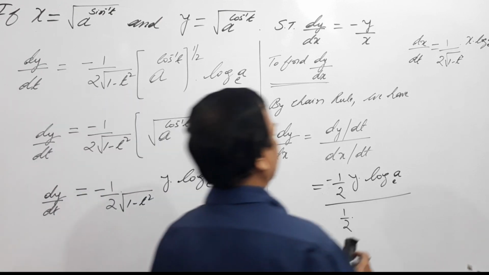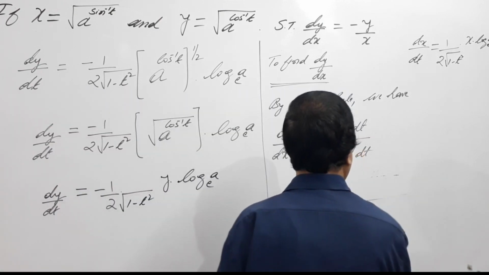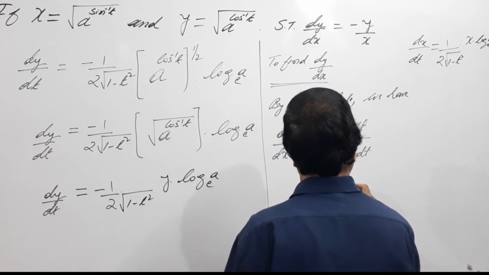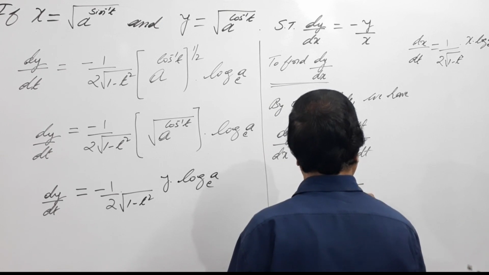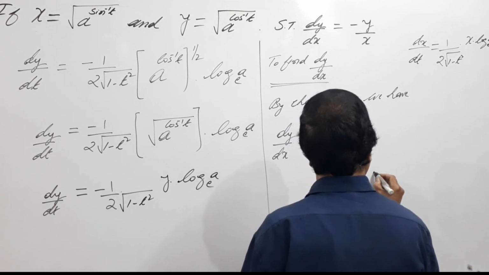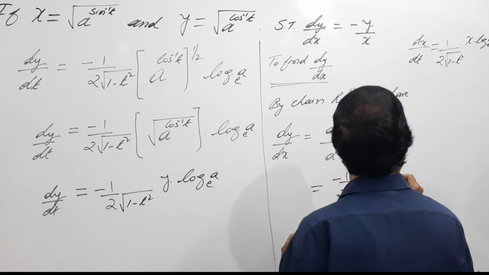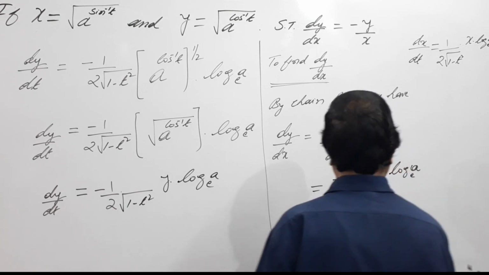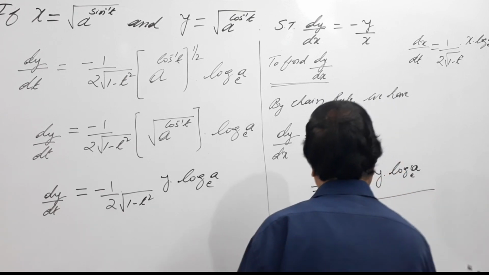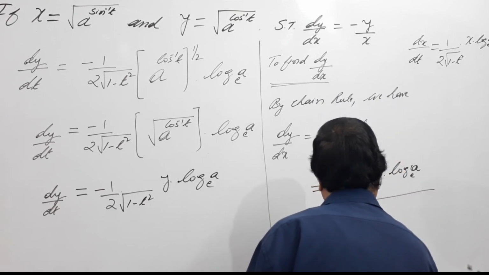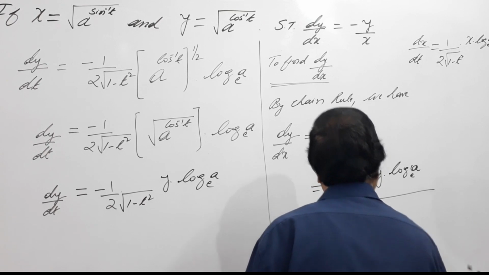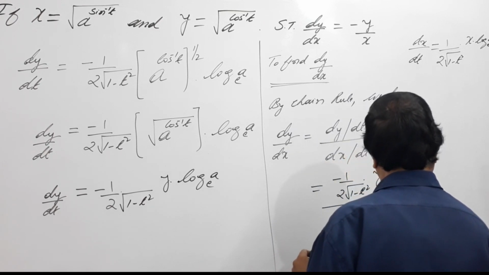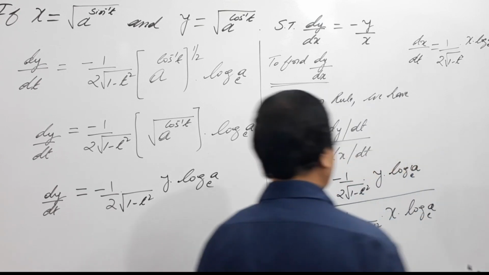So here also I write this. So what is dy by dx? That is nothing but minus half into under the root 1 minus t square y into log a to base c, divided by half 1 minus t square into x log a to base c.